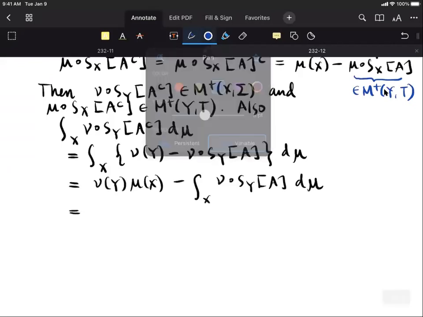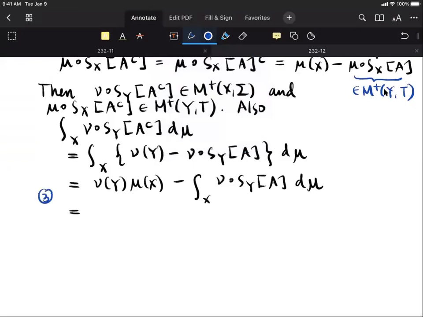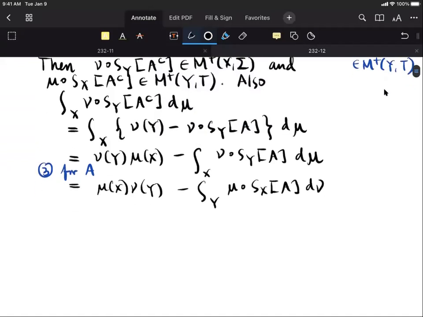Here we apply the third property applied to A. And here I'll just interchange the two, but the second term can be written as, according to the third property applied to A, it's equal to this one.